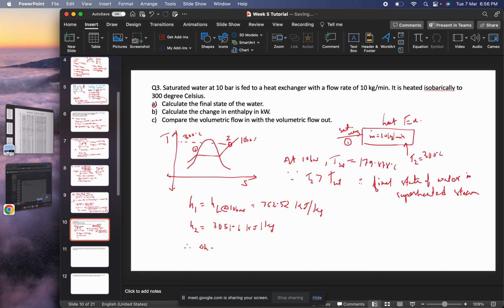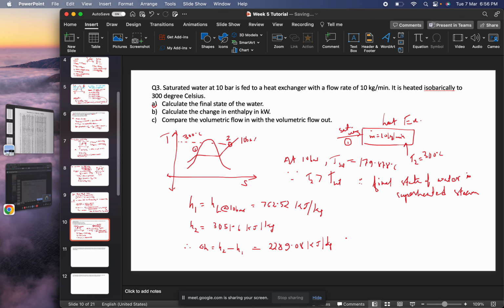So therefore change in enthalpy, delta H, is H2 minus H1, 3051.6 minus 762.52, which is 2289.08 kilojoule per kg. Now we don't require it in kilojoule per kg, we require it in kilowatt, that means kilojoule per second.